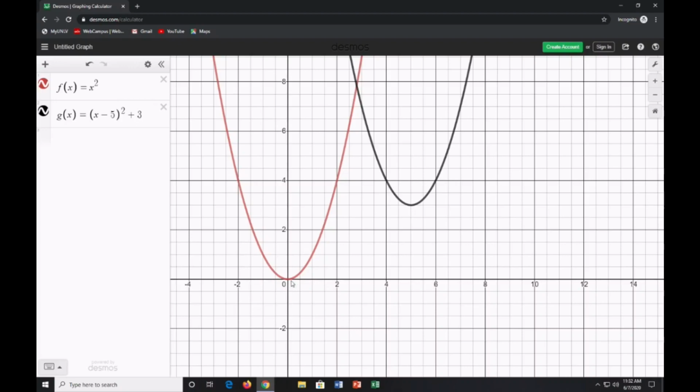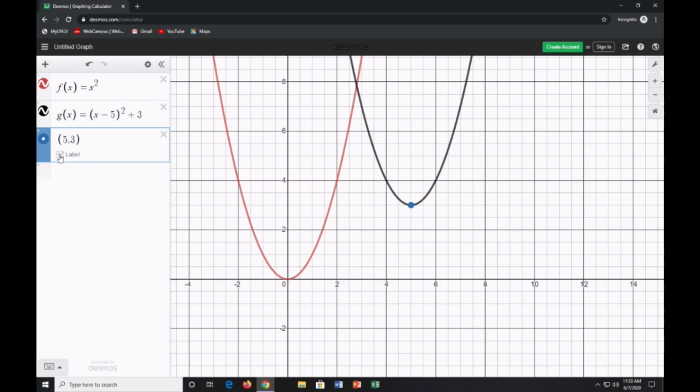Right? As we predicted before we saw this graph, the movement would be 5 units to the right and 3 units up. In other words, if I do a point with 5, 3, right there, it snapped right to that vertex, because the movement was from this vertex being at 0, 0.